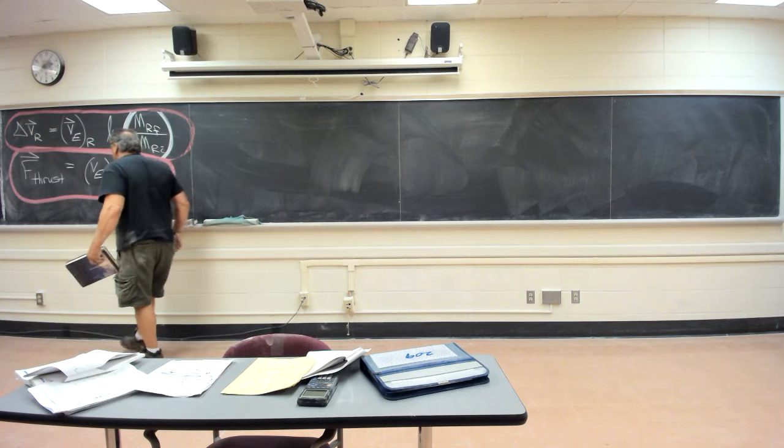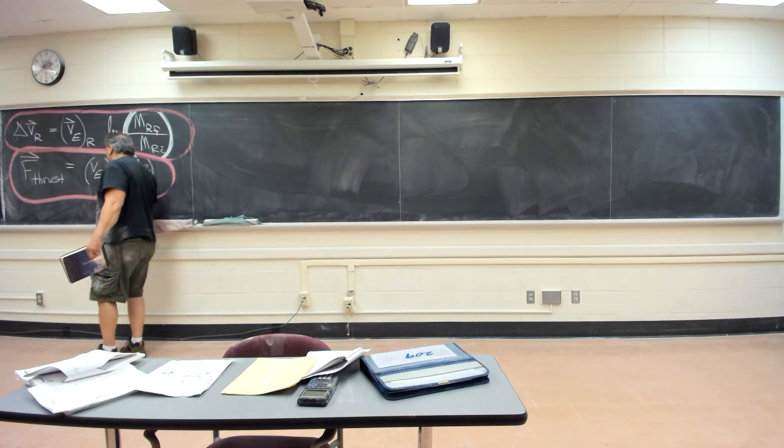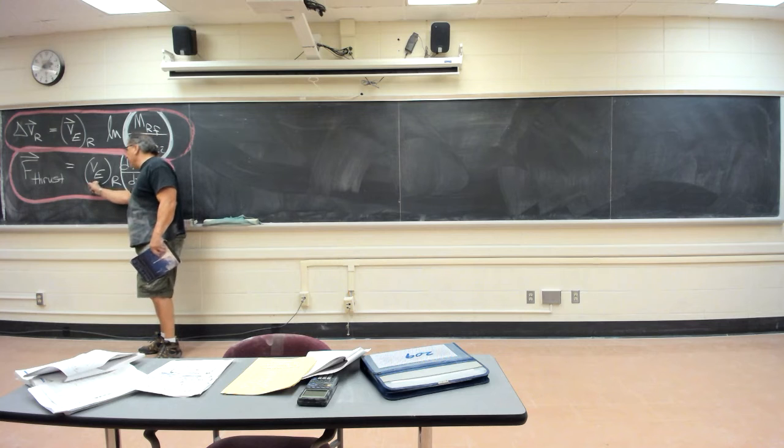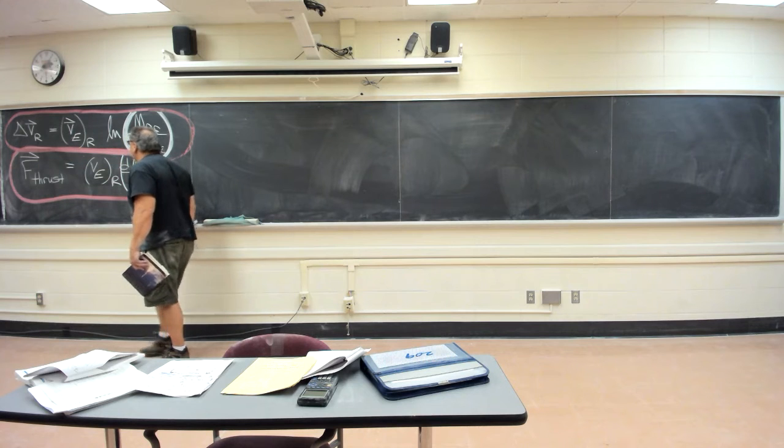The thrust is going to move us in the direction in which the rocket is moving. If this is regarded as a negative number and this is going opposite to the direction of the rocket, negative times negative is a positive answer, and that'll be positive regarding the way the rocket is going.